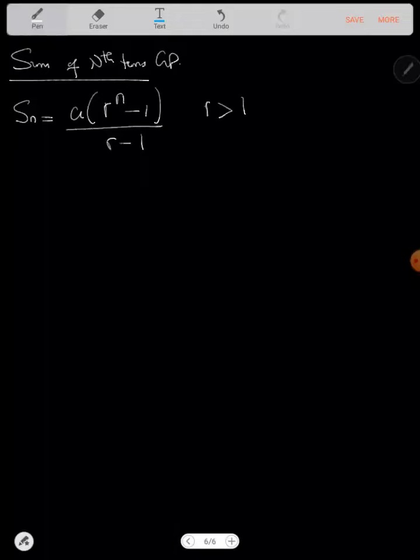Good? Or you can use this: Sn equal to a, open brackets, 1 minus r to the power n, divided by 1 minus r. You can only use this when your r is less than 1.